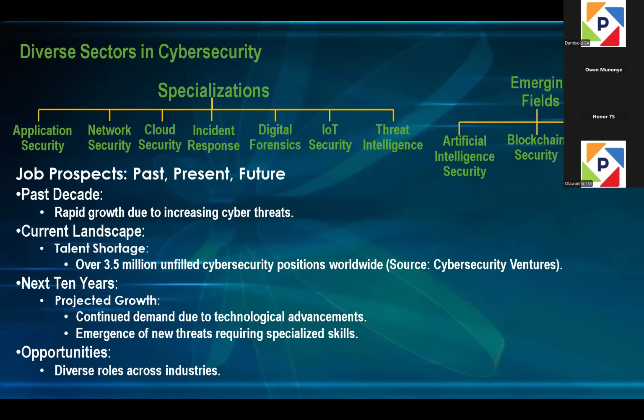Now, there are diverse sectors in cybersecurity. There are different areas of specializations and roles. So we have application security. That is security that has to do with your apps, software. For example, take Yahoo Mail.